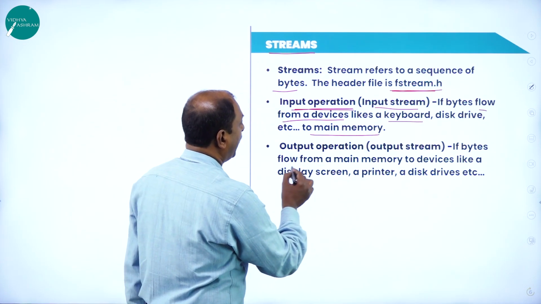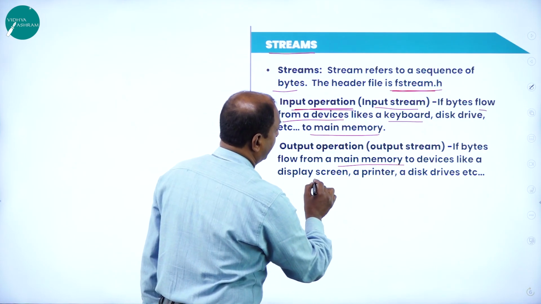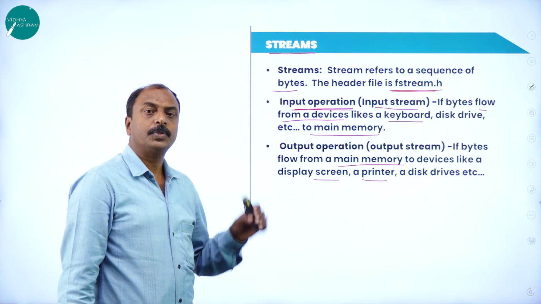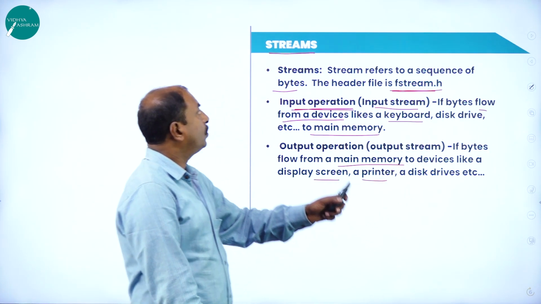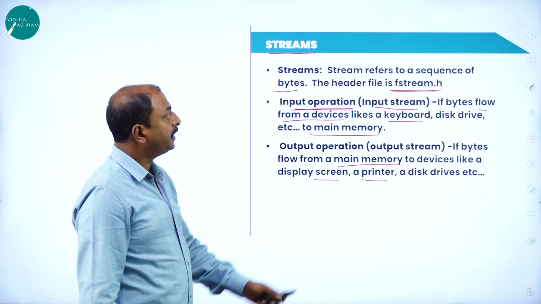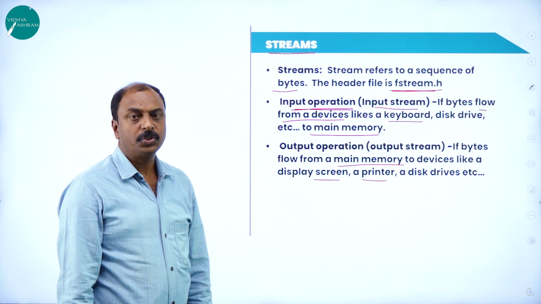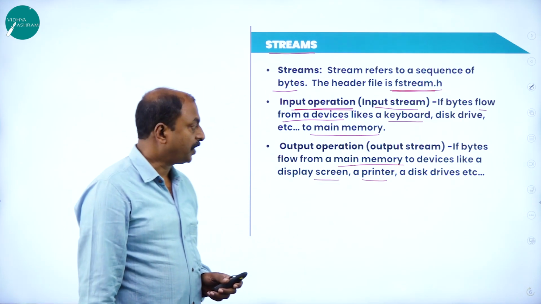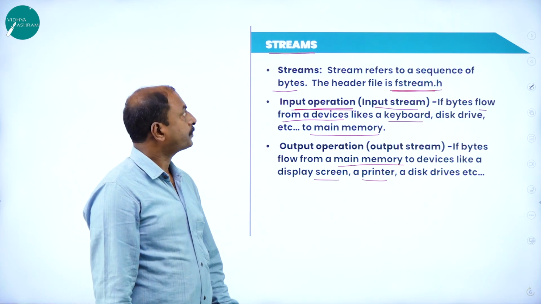If bytes flow from main memory to devices like a screen or other output devices, it is called an output operation. It happens through the output stream. So a stream is a sequence of bytes, or the flow of bytes. Input stream stands for input operation, and output stream stands for output operation.